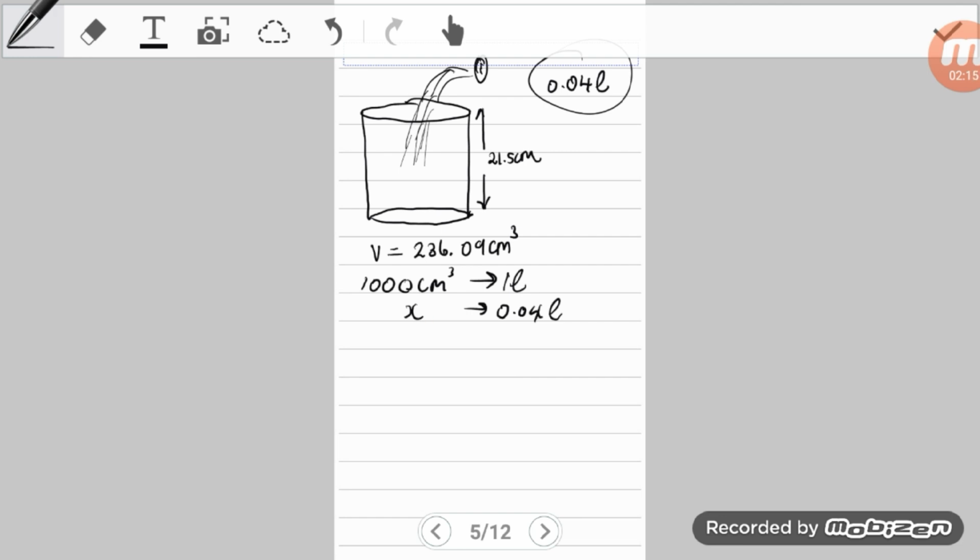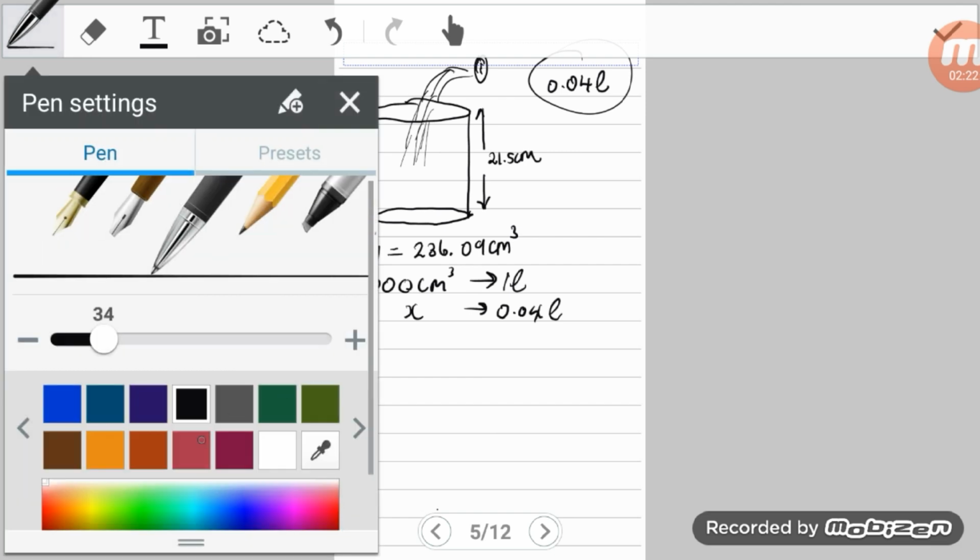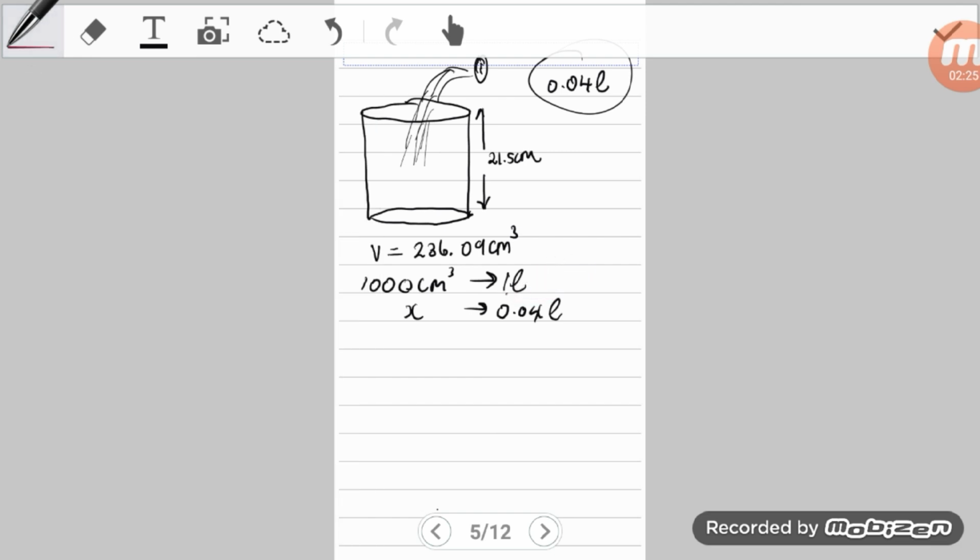We're trying to find how many centimeters cube will be equivalent to 0.04 liters. If we look carefully, liter will cancel liter, and our answer is left in centimeter cube. So X multiplied by 1, if you cross multiply, is going to be equal to X. And 1000 multiplied by 0.04 will give us a total of 40 centimeters cube.